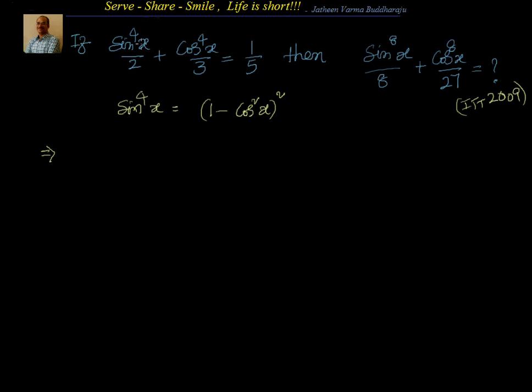My first step will be to multiply throughout with the LCM of 2, 3, 5. What is the LCM of 2, 3, 5? 30. So I'll multiply with 30 so that I avoid the fractions.